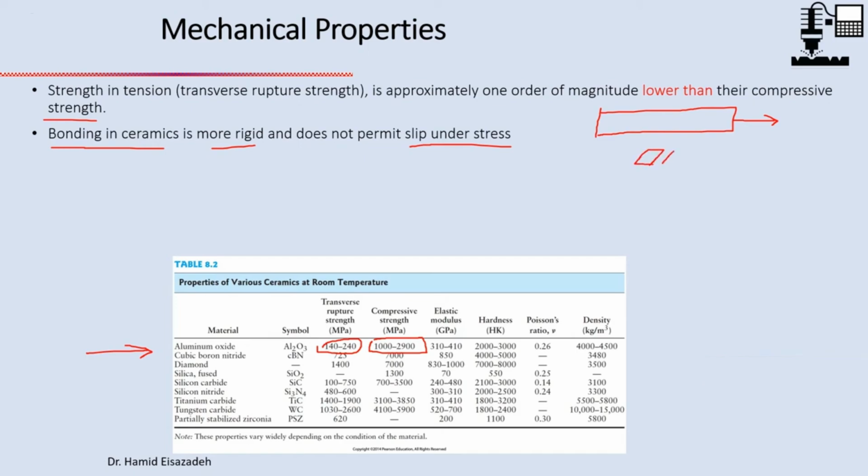They become like this, so they change their crystal arrangement, but we do not see this type of change in the crystal direction when we are working with a ceramic material.